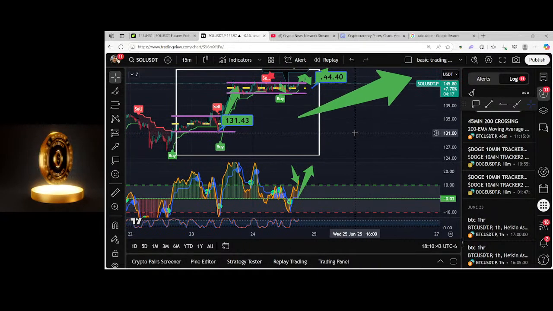So this is why once you understand the system that you use, and then you apply the mathematical structure to a coin, you can tell whether or not it will be profitable. So far, you're going to hit 8 out of 10 trades on Solana. Let's just say 7 out of 10.